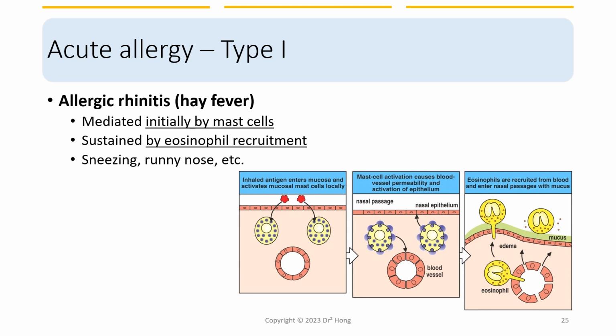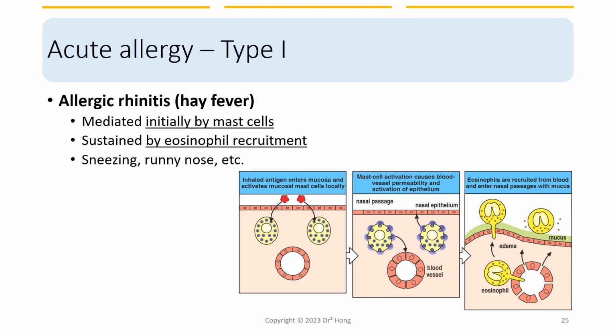In this case, it is still type 1, remember that. Antigens or allergens can diffuse across the nasal epithelium after inhalation, and these actions are mediated initially by mast cells. Through activation and degranulation, they change blood vessel permeability, causing swelling, and also increase mucus production.